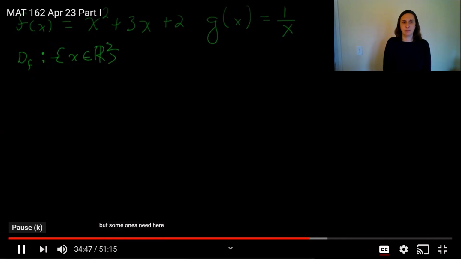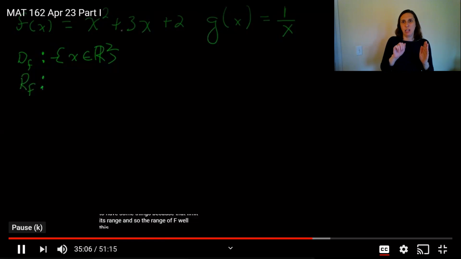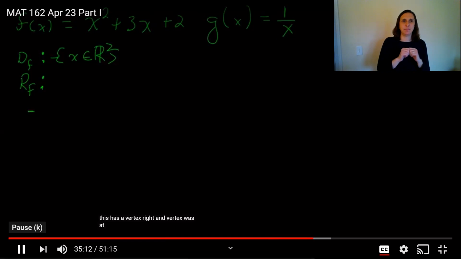But something's neat here. This is a parabola. And so this parabola is going to have some things that limit its range. And so the range of f. Well, this has a vertex, right? And that vertex was at -3/2, right?